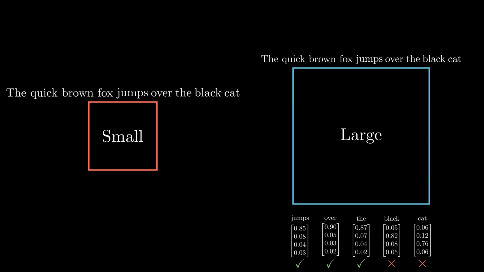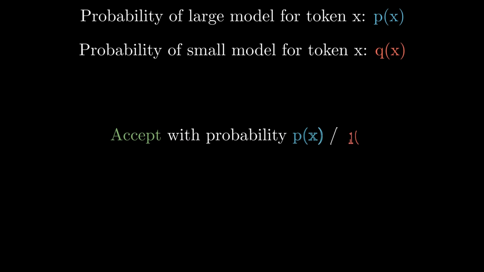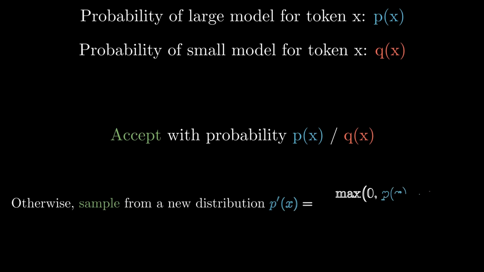Well, here's one way you could do it. Say the probability that the large model gives to a token is p(x), and the probability the small model gives to a token is q(x). You can accept the token with probability p(x)/q(x), clamped down to 100%. And the first time you end up rejecting, you can sample from a corrected distribution.